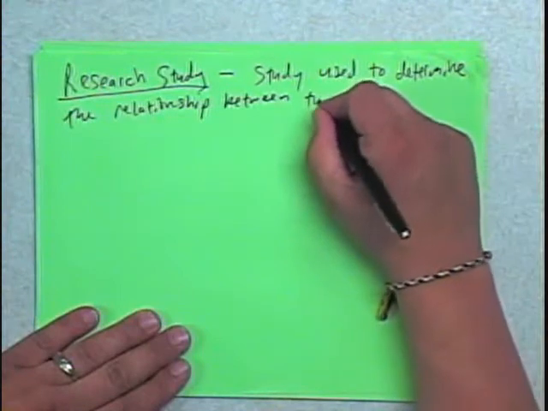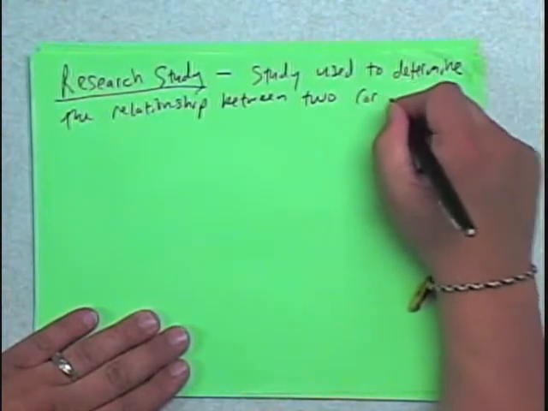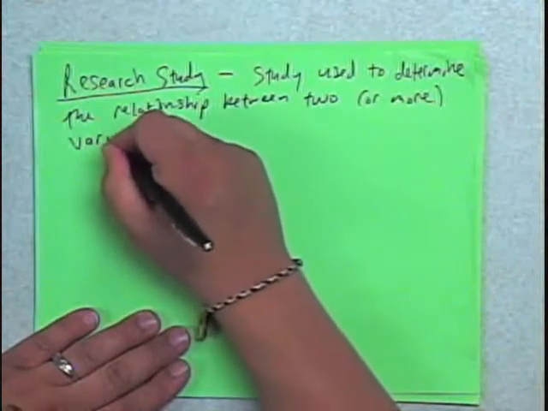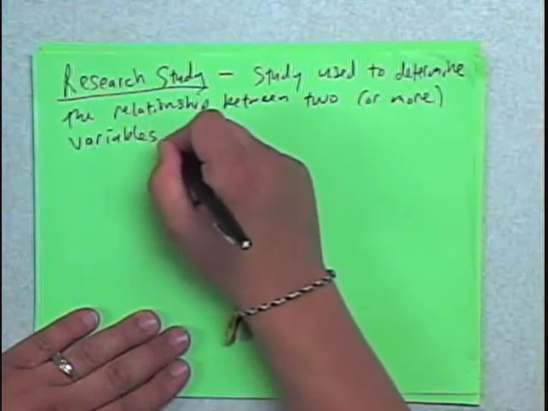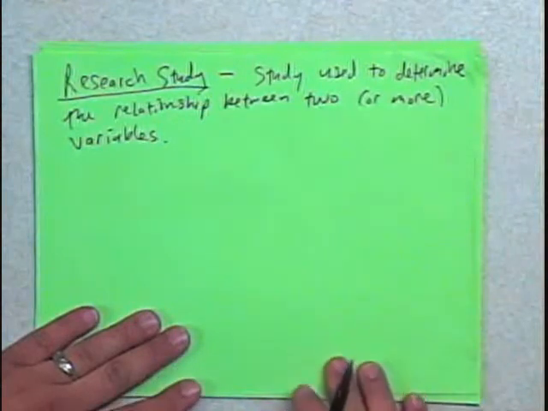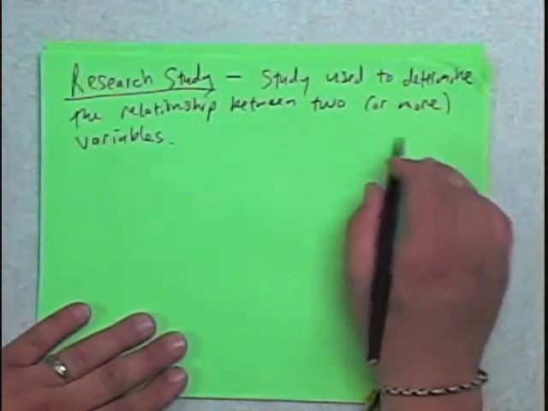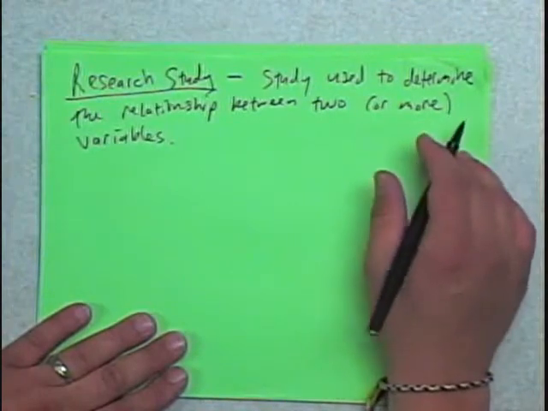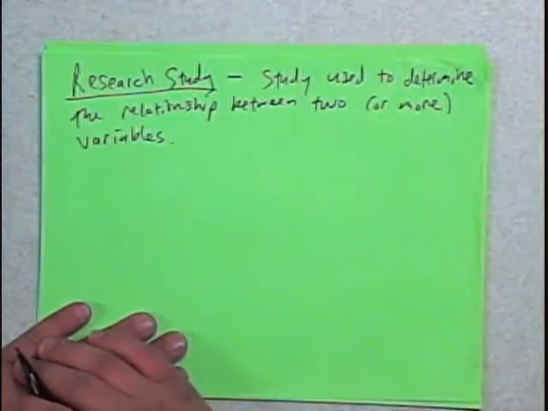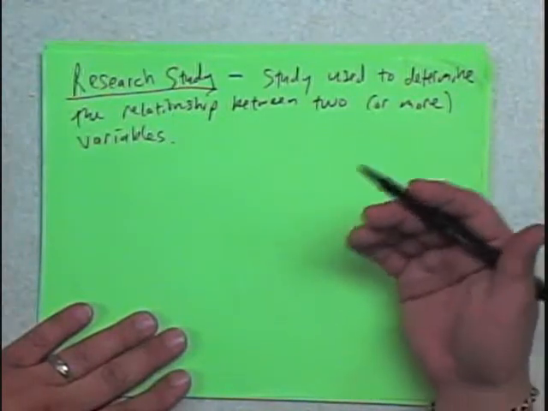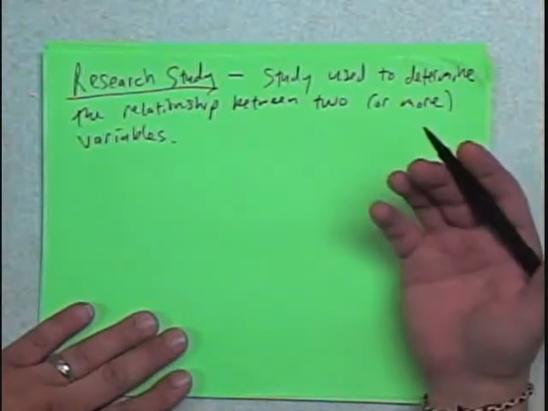In an intro to statistics class, we're really going to be just looking at research studies that involve two variables. As you add more variables, the math would get more complicated. So for us, it's going to be some study that's used to determine the relationship between two variables.